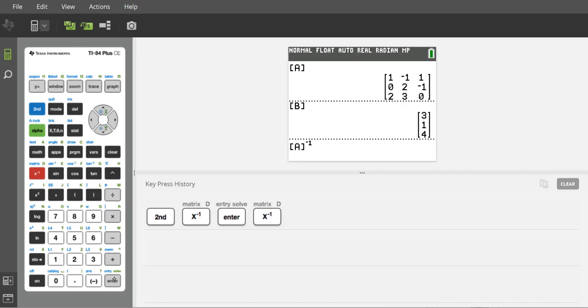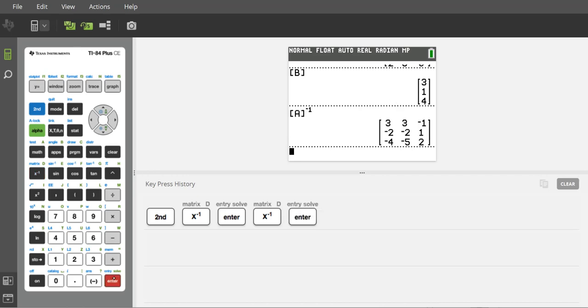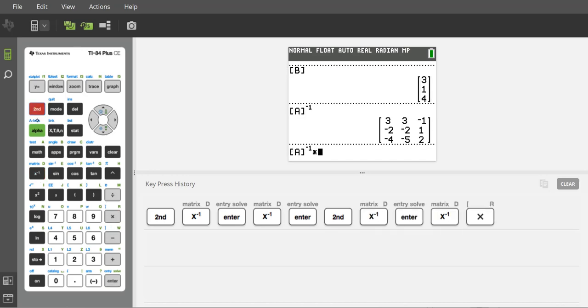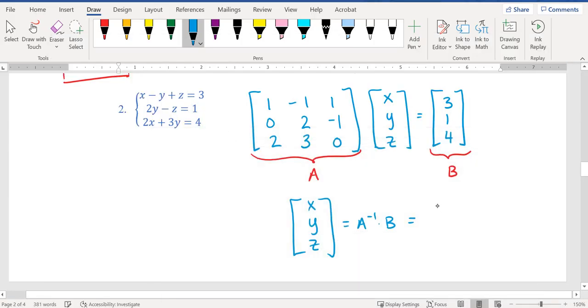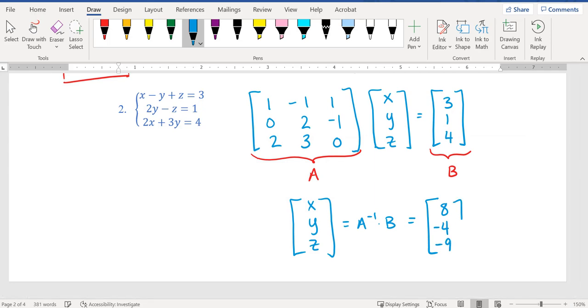Let's see if matrix A has an inverse first. Does it? Yes, it does. Yay. All right, I want to do matrix A inverse times matrix B. My answer is 8, -4, -9. So I would write x is 8, y is -4, and z is -9.